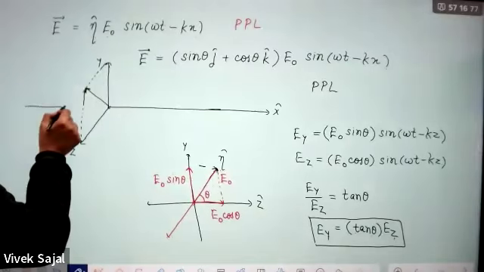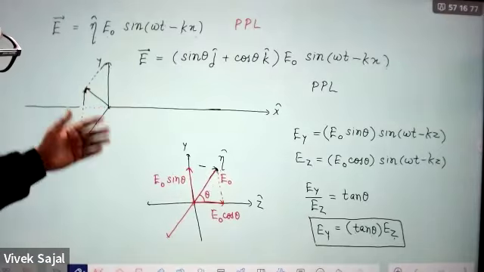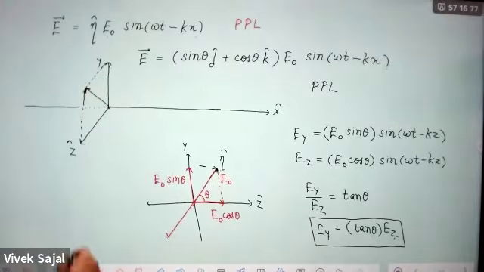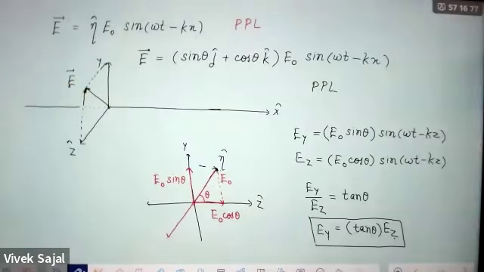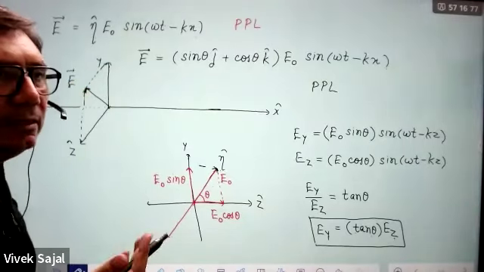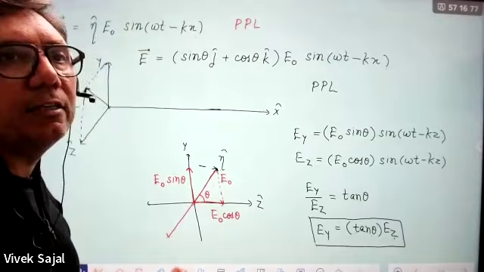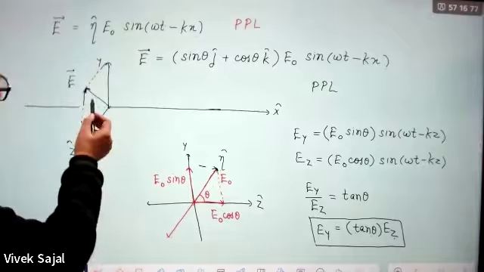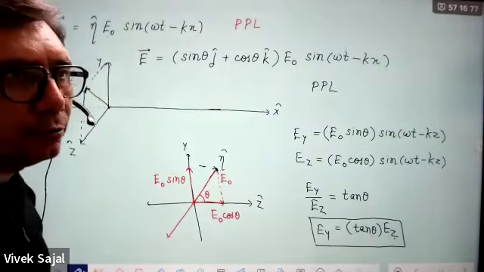For example, here, the electric vector may be in any direction. So this was the direction of the electric vector, and I'm saying this is eta cap. Because this electric vector is a vector quantity, I can always resolve it into two components, in two mutually perpendicular directions, whatever direction you choose.